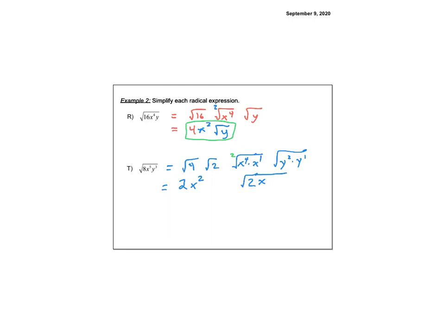Then for the y's, y squared, the square root of that is 2 divided by 2, which is 1, so you just get a y to the 1st. And then you still have a single y underneath the square root. So your final answer looks like this: 2x squared y times the square root of 2xy.